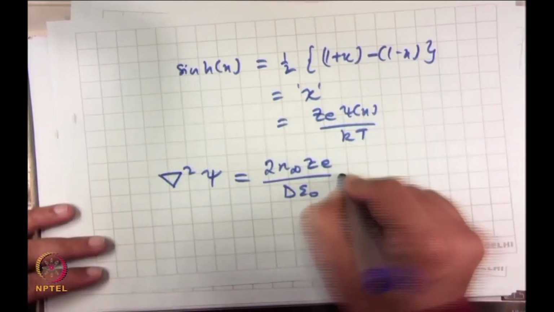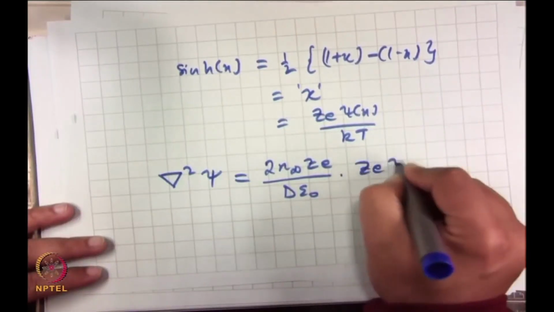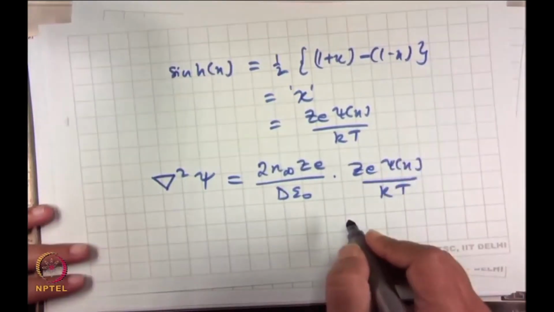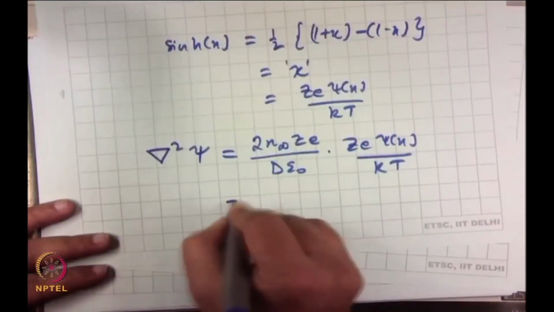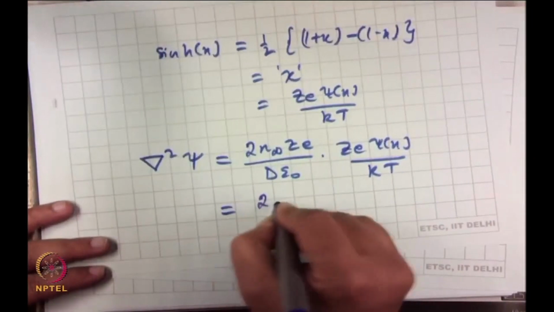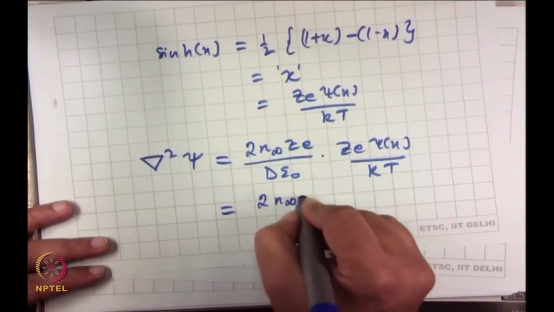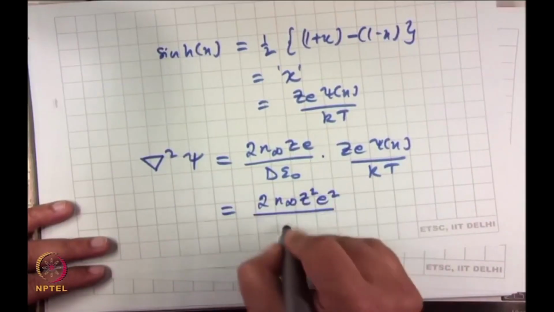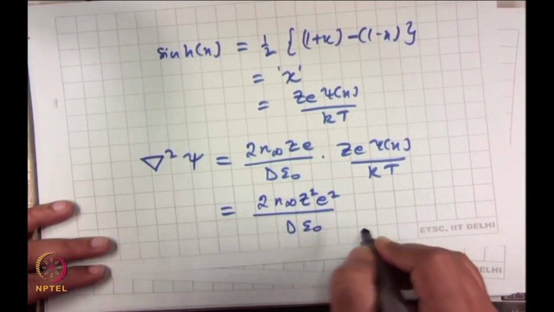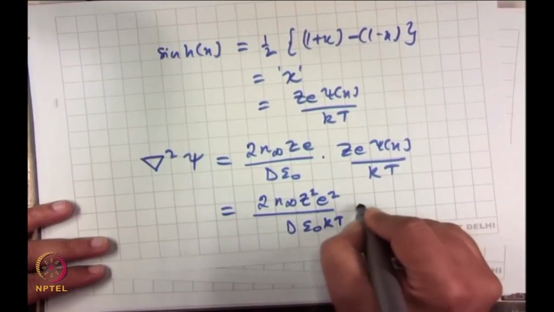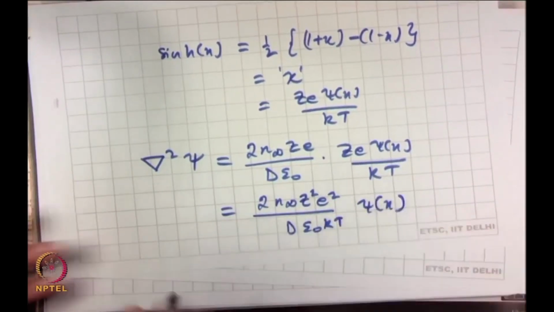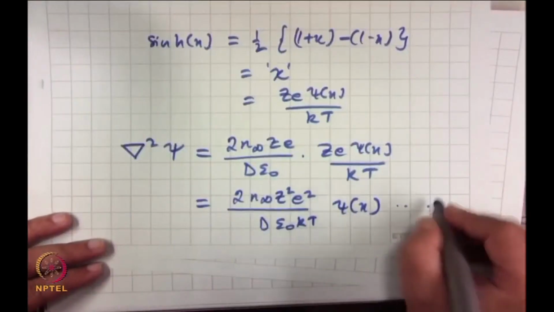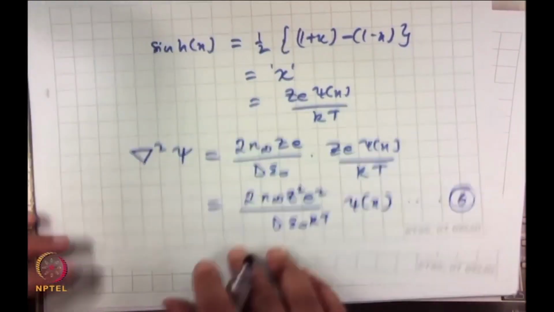That means times z e psi of x over k T. To simplify it, I get 2 n infinity z squared e squared over epsilon 0 k T times psi of x, right. So, this should be equation number 6.